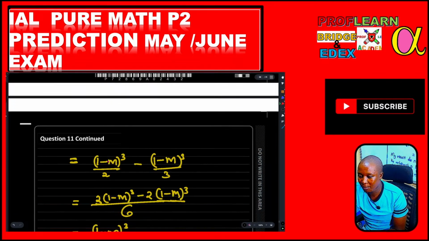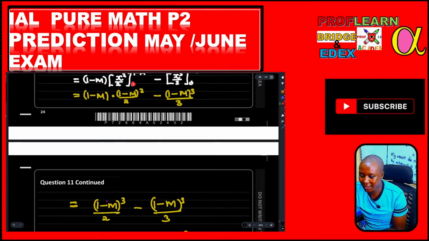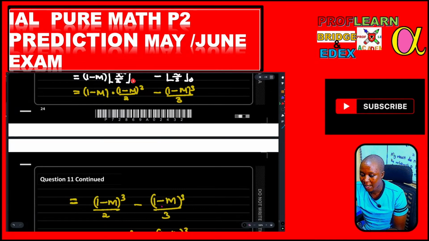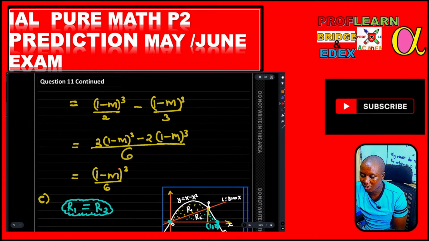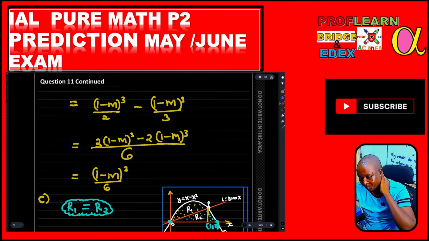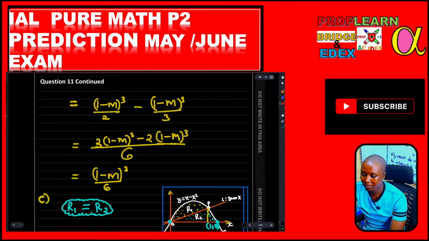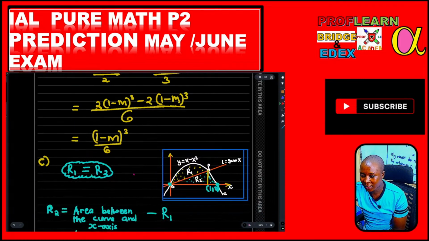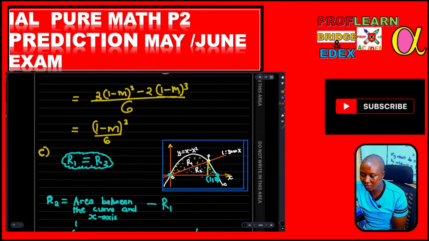That's why you can see I'm having it well seated at this given point, and putting the two together, we are going to get our answer as 1 minus m raised to power 3 over 6, as what we were supposed to show. We are also told that R1 is equal to R2. Then we are supposed to find the exact value of m.